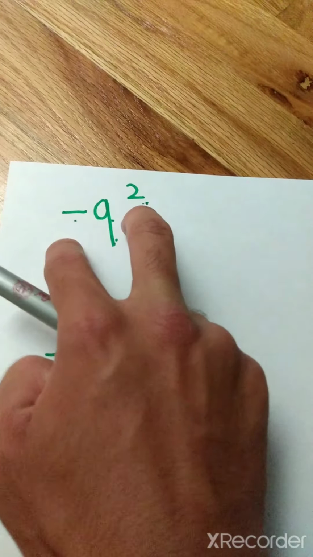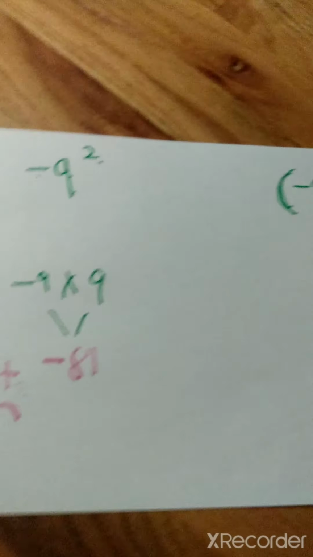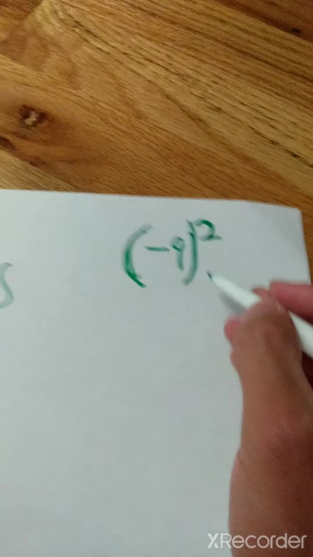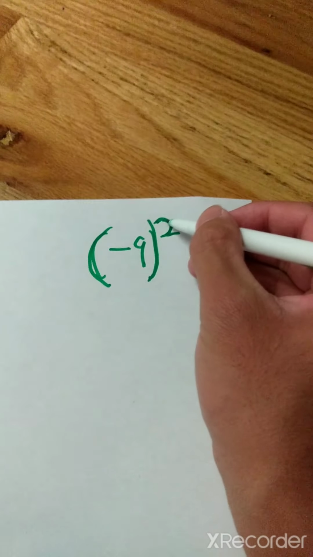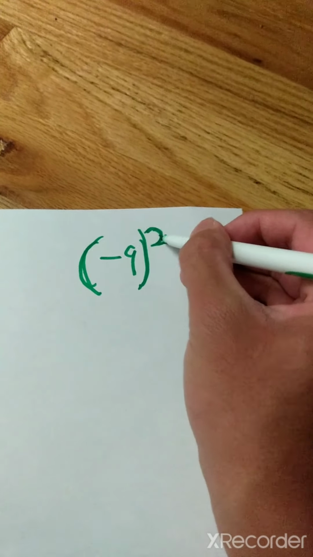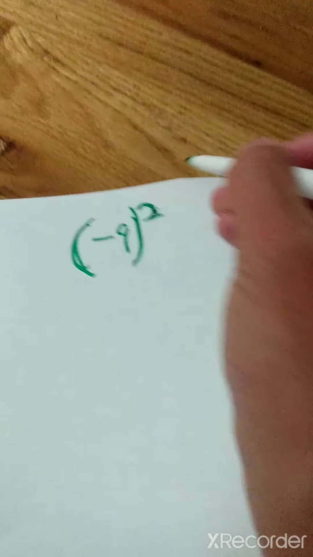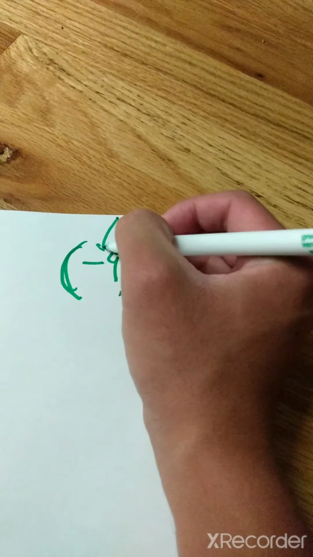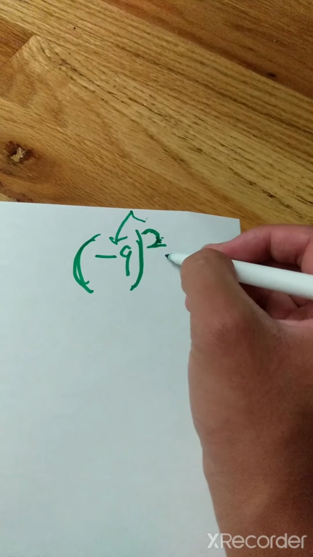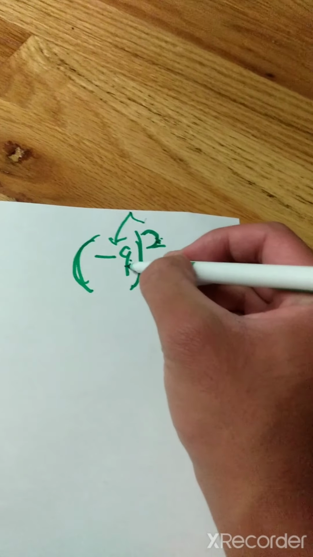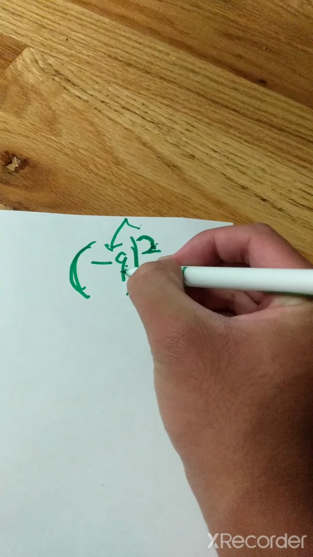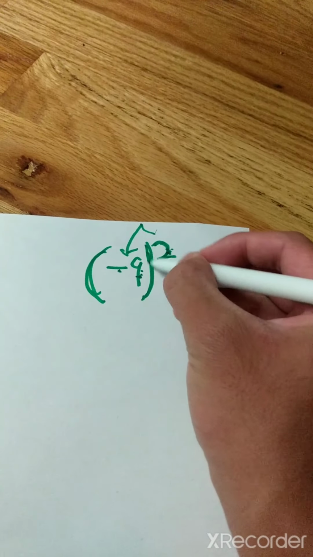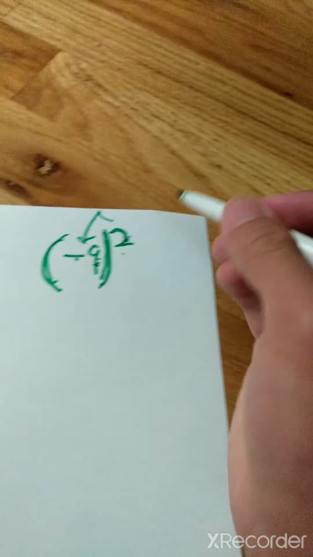That's without the parentheses. But what happens if we do have one with parentheses? Well, in this case, that power of 2, that exponent, is going to reach for the sky and join in with that negative 9, saying, okay, I want you to multiply by yourself 2 times, but you have to be negative, since I have surrounding brackets around you.